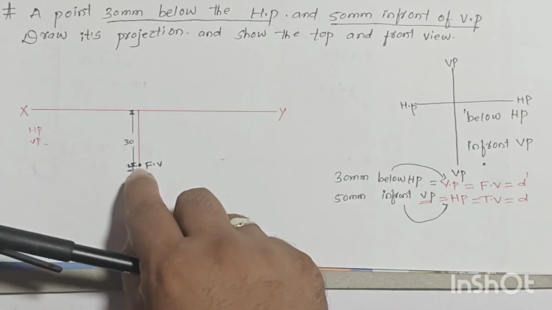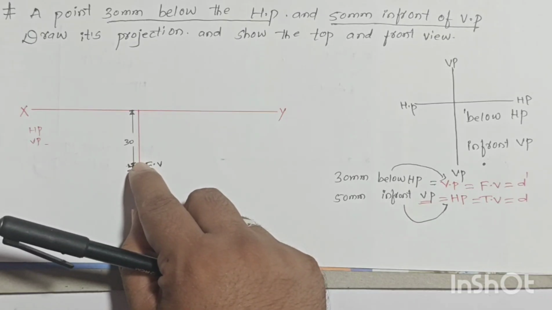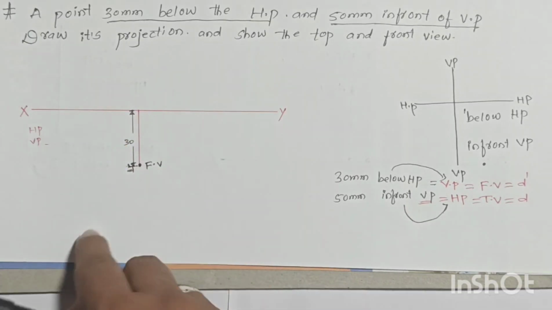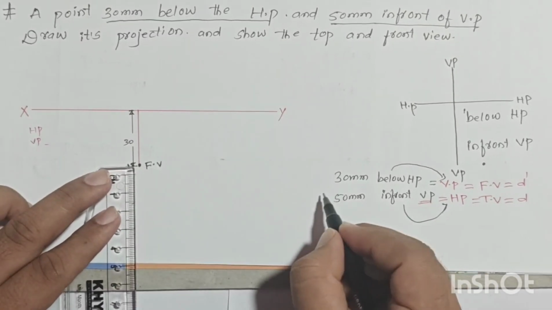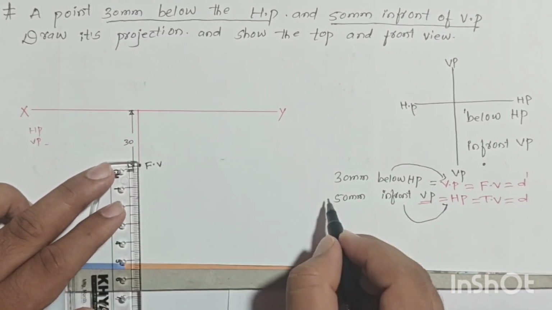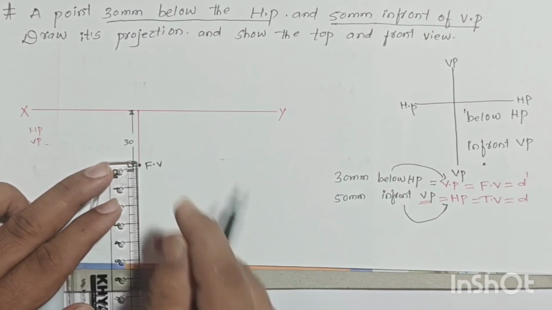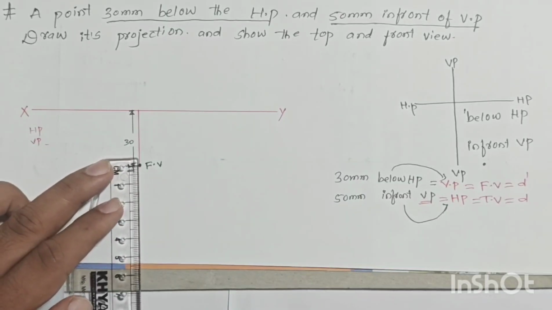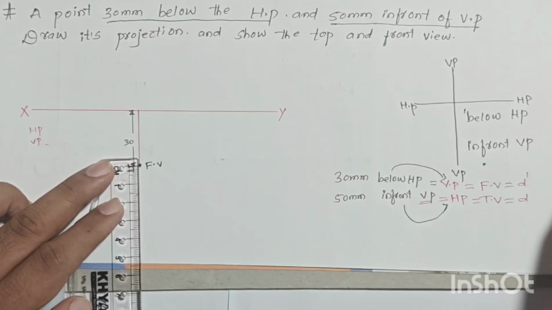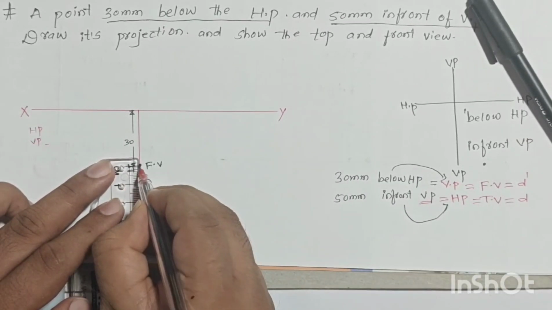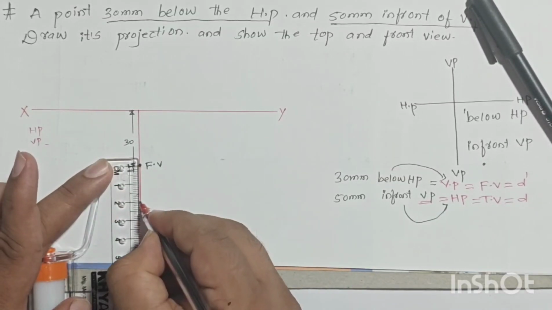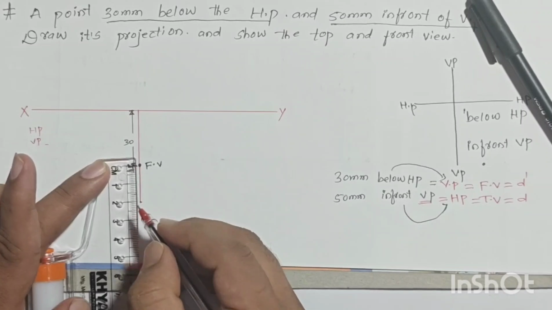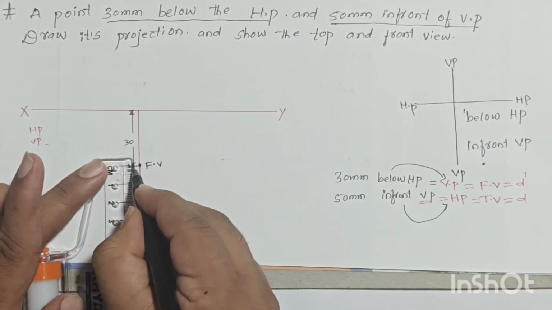Extra, how much we need to measure over here? 20 mm. From the reference line it should be 50 mm. Are you agree or not? Yes. Then here extra, we need to measure a length of 20 millimeter. Meanwhile, show the dimension.